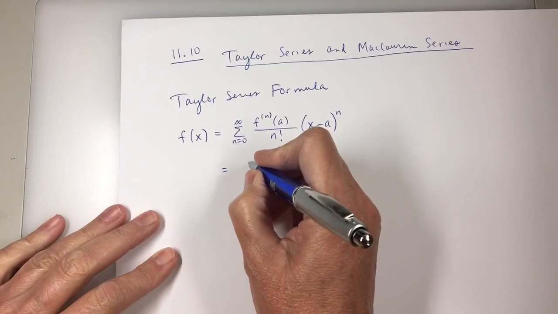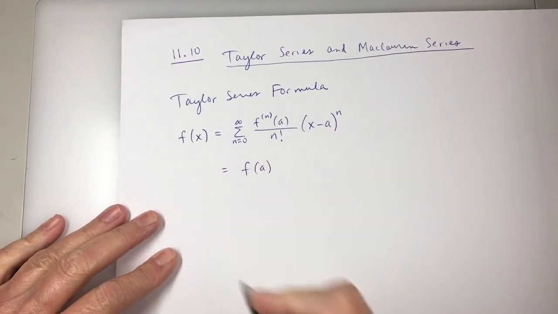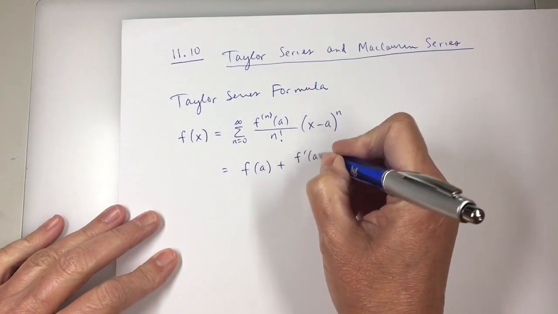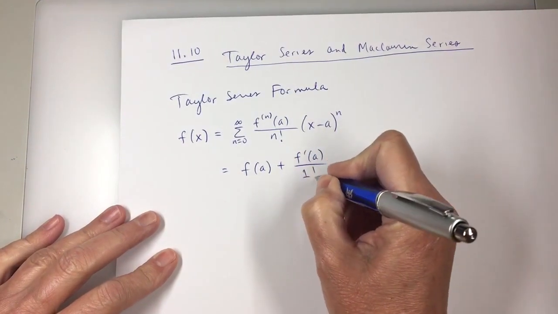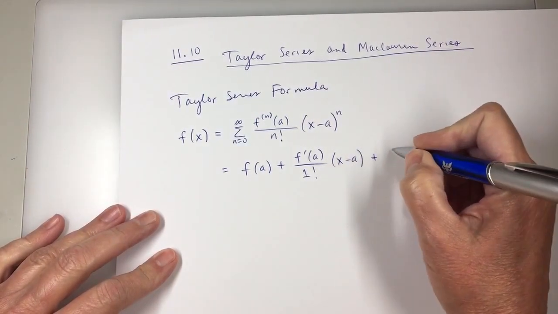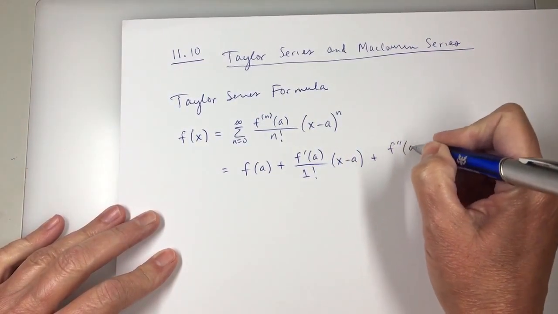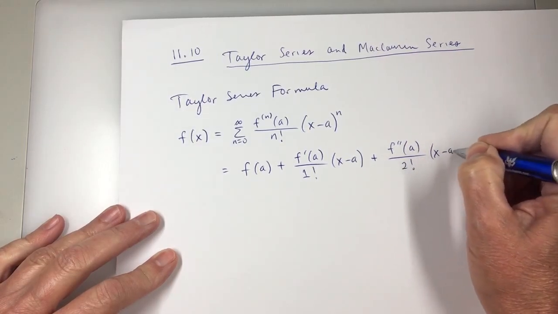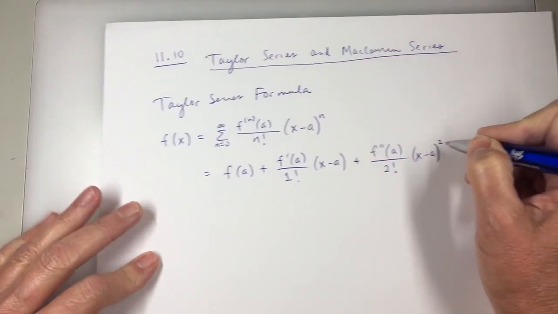So the first term would just be f of a. The next term is the first derivative at a over 1 factorial times x minus a to the first power. The next term is the second derivative at a over 2 factorial times x minus a to the second power.